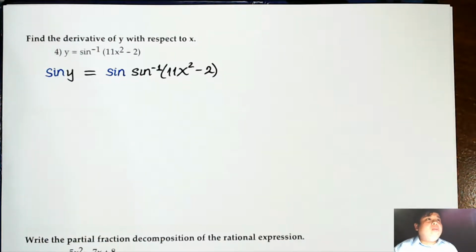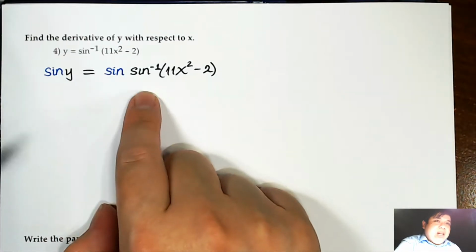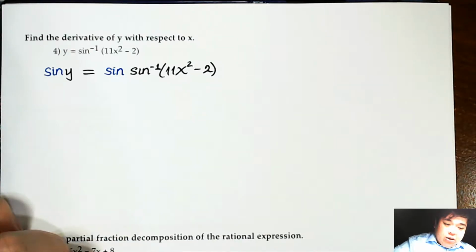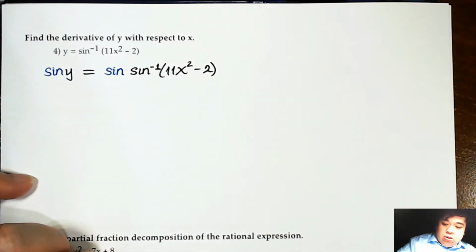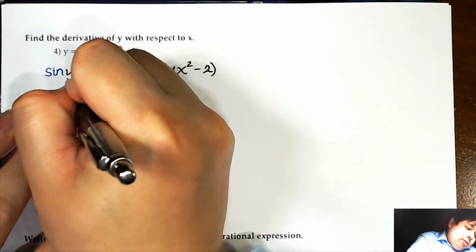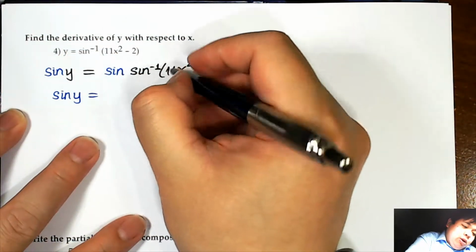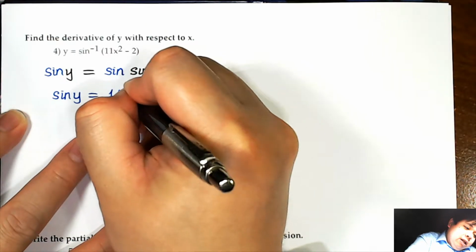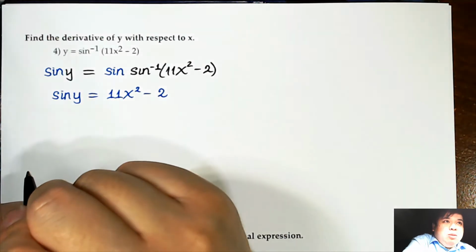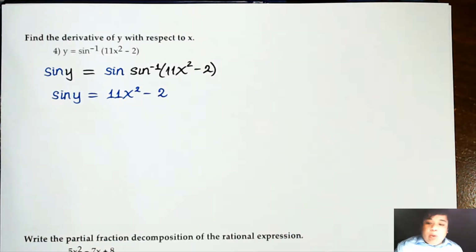In trigonometric functions, the function cancels the inverse, not the other way around, not technically. But here, we can cancel out. So sine and sine inverse cancel, and we only have sine of y equal to 11x squared minus 2. Right? Simple enough. Now we'll take the derivative with respect to x.